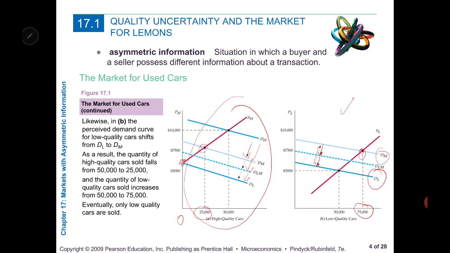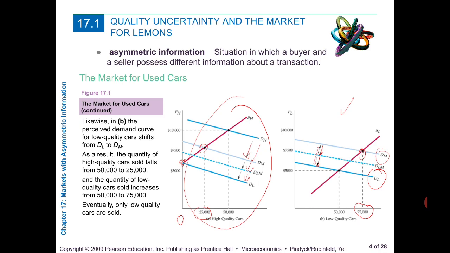So because of the perception, and the perception is reinforced more and more every round as time goes by, people begin to think that the market is mostly low quality. In the extreme case, no one wants to sell high quality cars anymore, because the market's total perception is that all cars in the market are low quality.